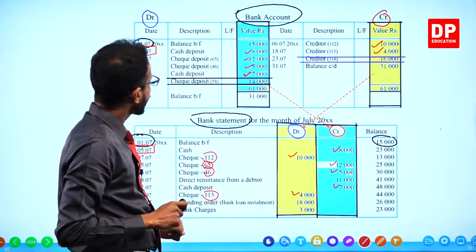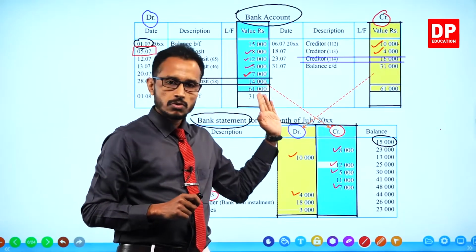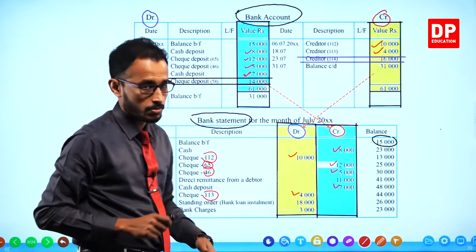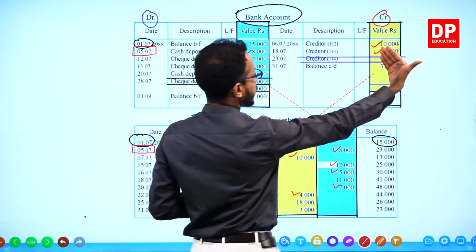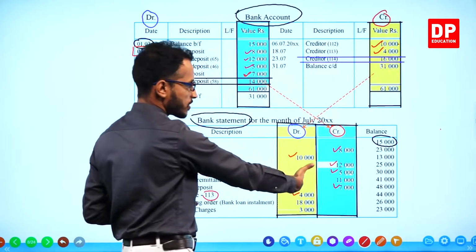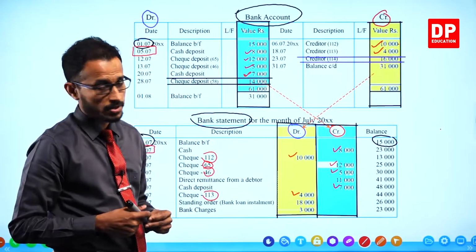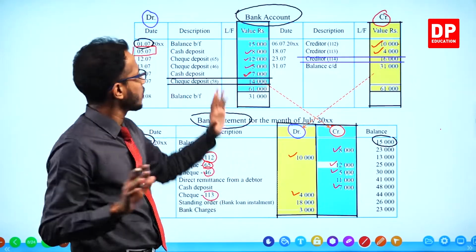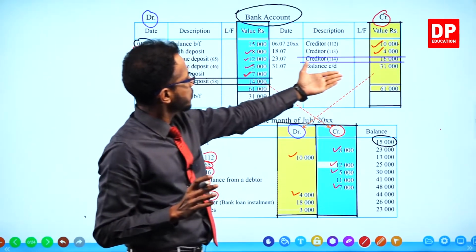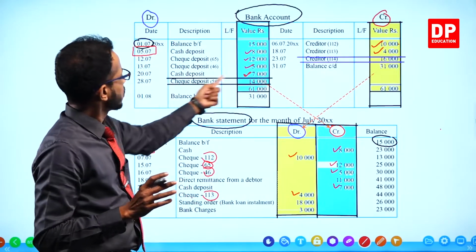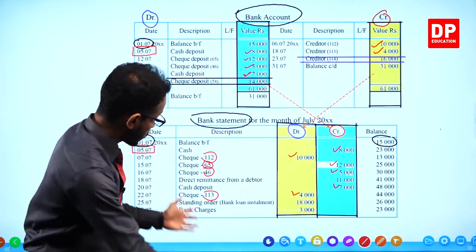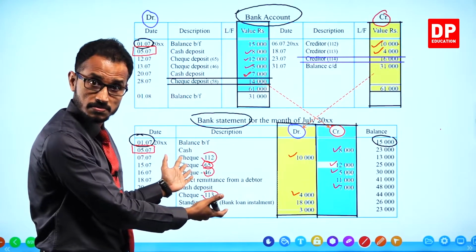Children, so you compare the debit side of the bank account with the credit side of the statement, and the credit side of the bank account with the debit side of the statement. Is it done? Are there any other items missing? Well, we ticked all the items in the bank account, but there are items remaining in the statement.